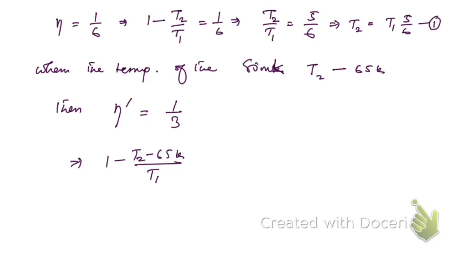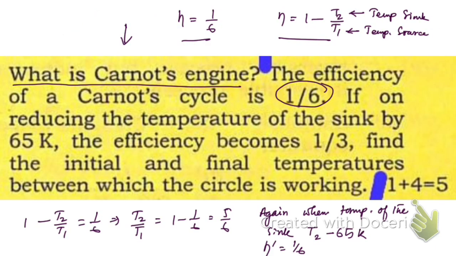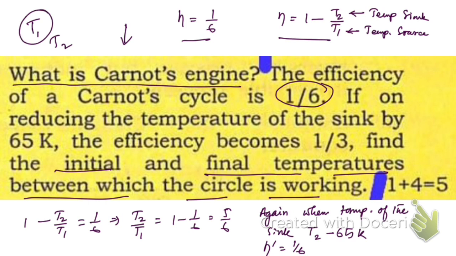So what we need to do, we need to find the initial and final temperatures between which the cycle is working. So first we're gonna find the temperature of sink and source when the temperature of sink was not reduced, and after it is reduced, what is going to be the temperature? We will calculate all these things.